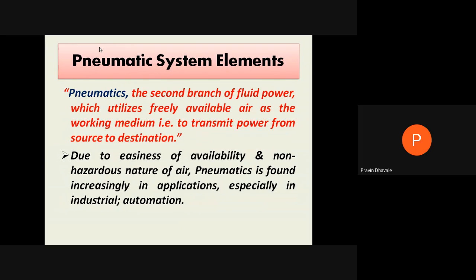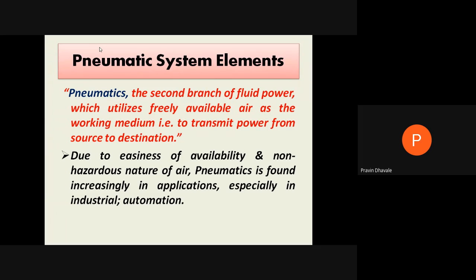So, pneumatics is the second branch of the fluid power which utilizes the air which is freely available and which will act as a working medium in order to transmit the power from the source input to the destination, that is the output.